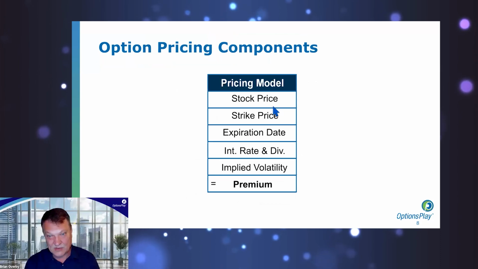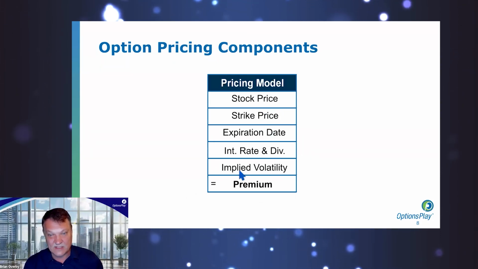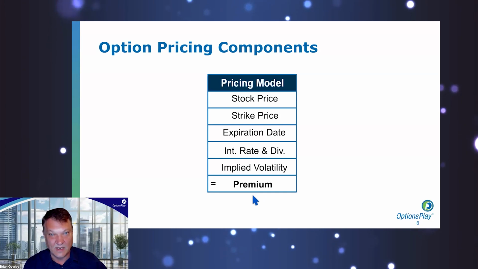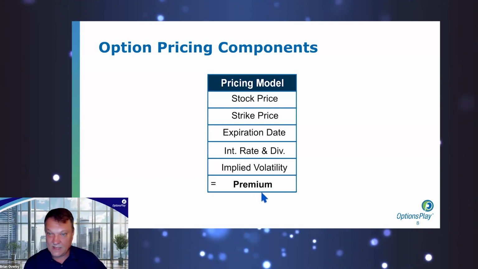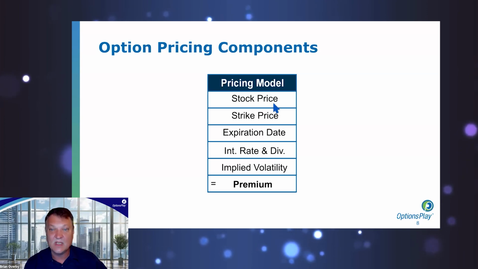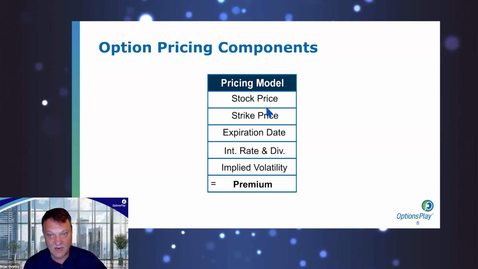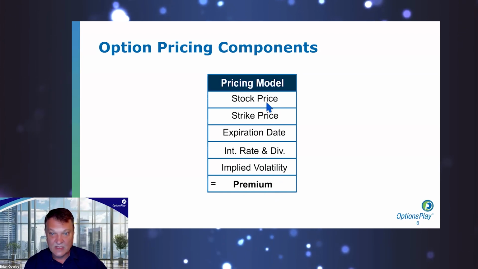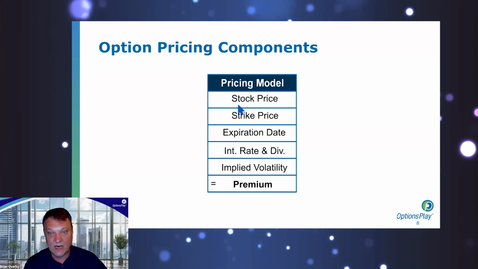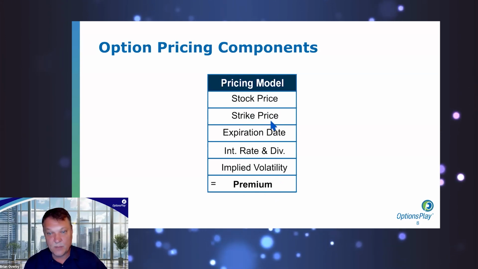So the bottom line is these are the pricing components of an option contract: the stock price, the strike price, the expiration date, interest rates and dividends, implied volatility, and premium. Put those into the Black-Scholes model, the Cox-Ross-Rubinstein model, or whatever model you want to use, and you will come up with a price for your option contract. Most of these variables are pretty straightforward. I can get a stock price; I can get a quote on Walmart if I want. The strike price I determine.